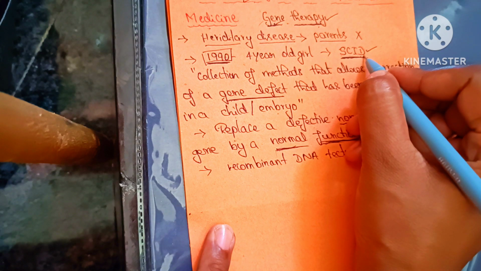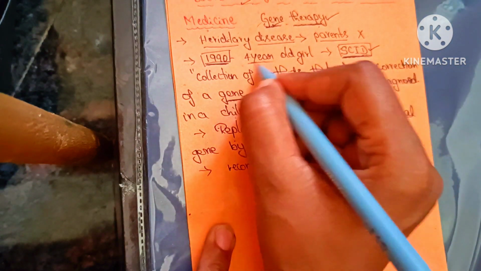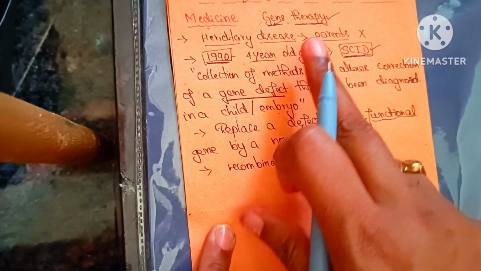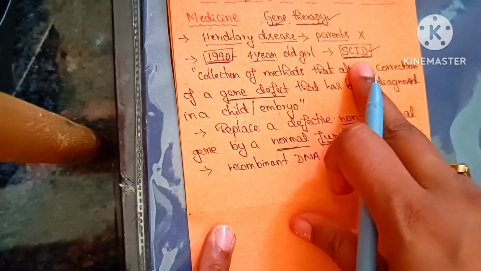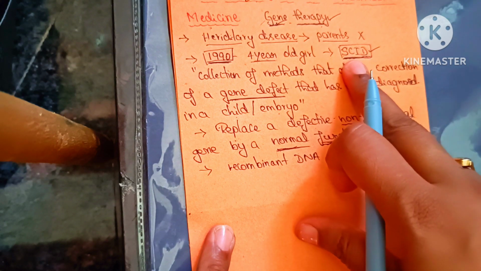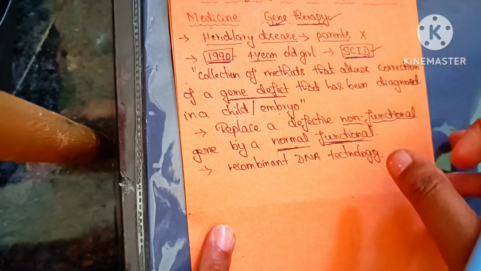Let us now understand how the treatment or gene therapy was done to the 4-year-old girl using the gene therapy method. To understand this, first we shall understand what are the symptoms and what causes SCID.